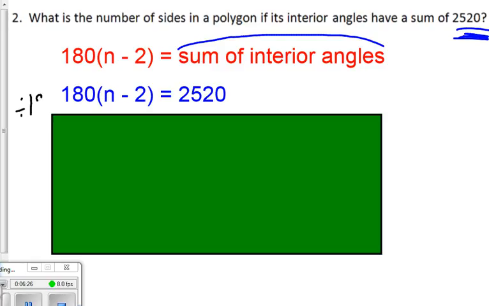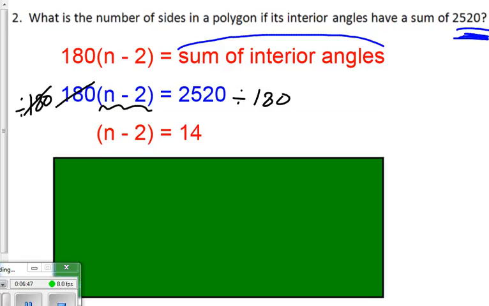That gets rid of this, because multiplying by a number and then dividing by it again cancels out. So we're just left with n minus 2. Then 2,520 divided by 180, we'll have n minus 2 equals 14.